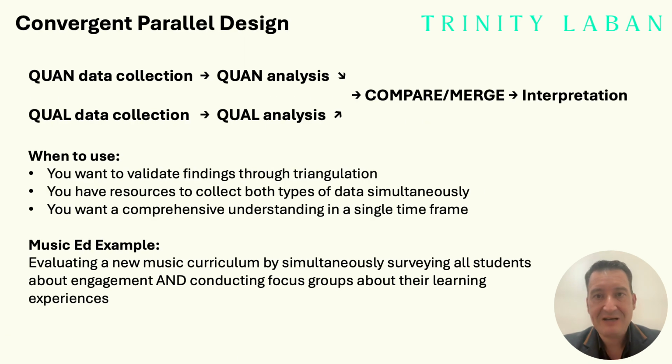So convergent parallel designs mean, as we've already stated, that you're going to collect and analyze both types of data at exactly the same time. Then you're going to merge or compare the results. You can see the structure on the slide. You'll notice that the quantitative and the qualitative data are collected at exactly the same time and are each analysed according to their own tradition, but at the same time as each other.